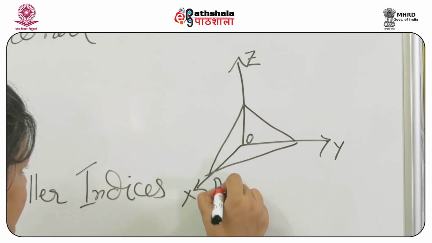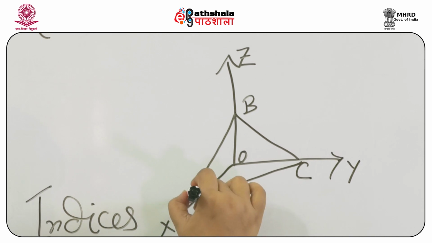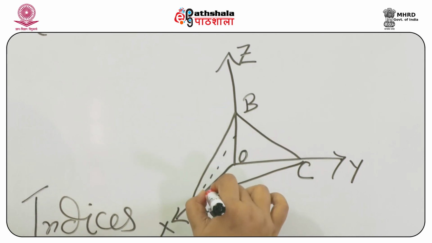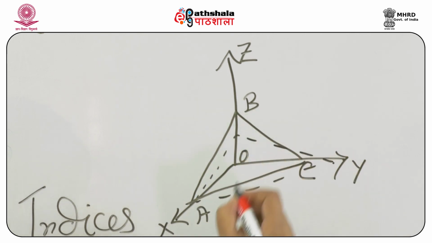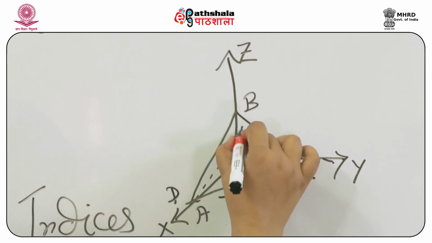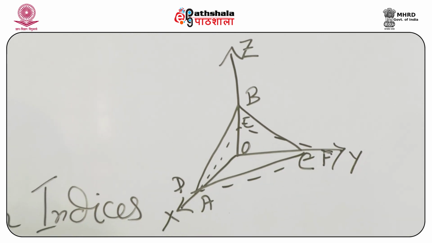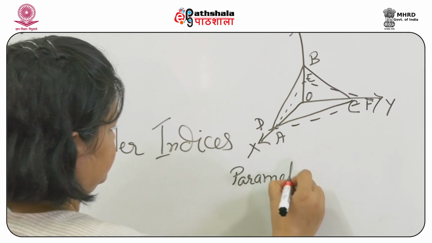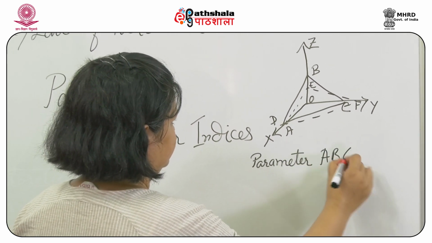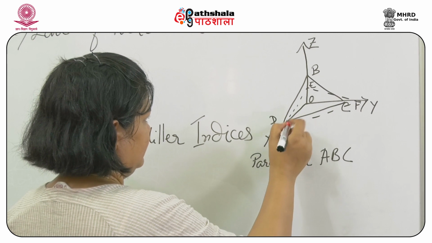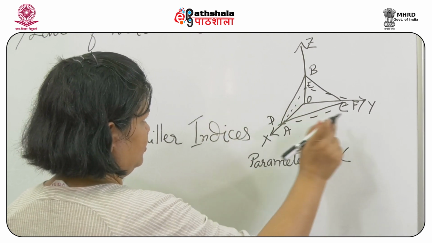We have A, B, and C. Then we have another crystal face which is D, E, and F. The parameter for the face ABC is nothing but the intercept of the crystal face on the crystallographic axes X, Y, and Z.